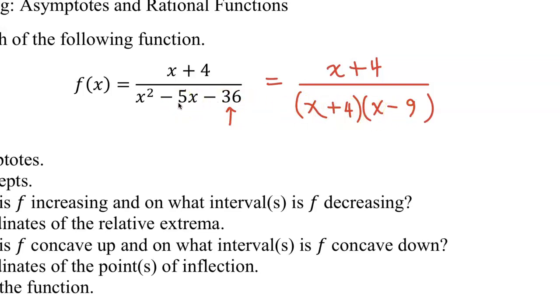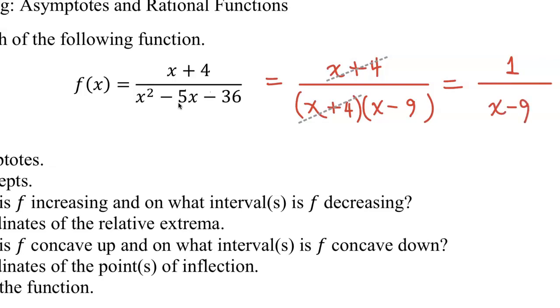So look, oh, interesting. This factor of x plus 4, let me cross it out with the dotted line, it cancels out. Okay, so f of x does not have two vertical asymptotes. It's simplified to 1 over x minus 9.